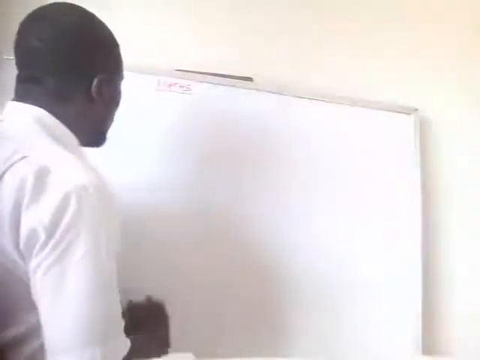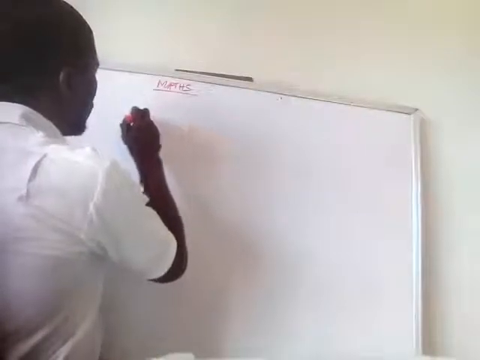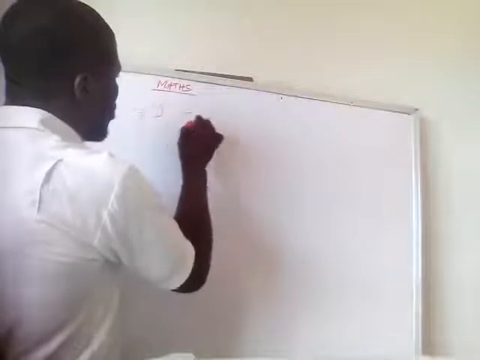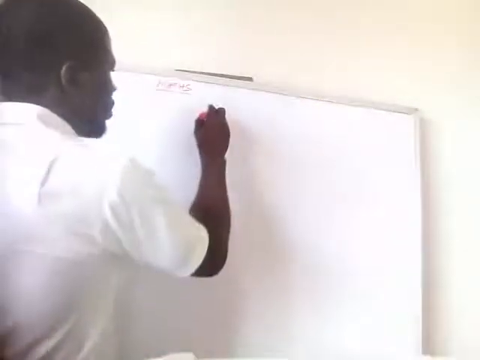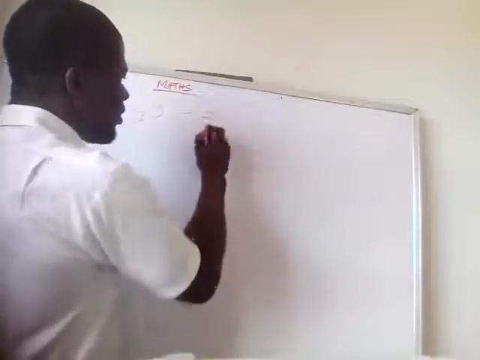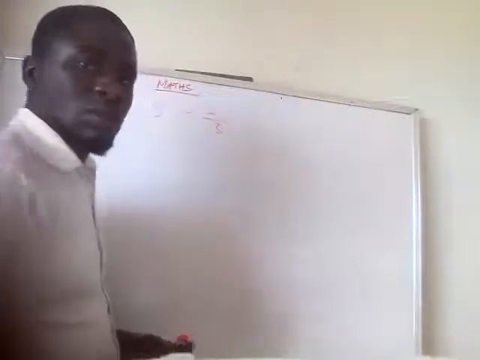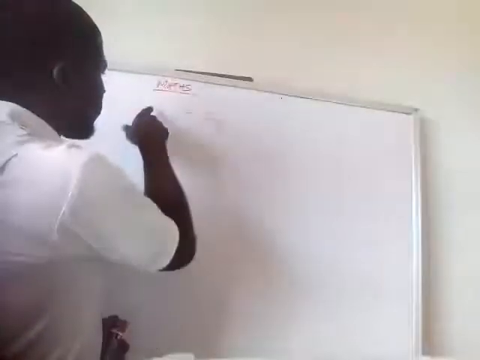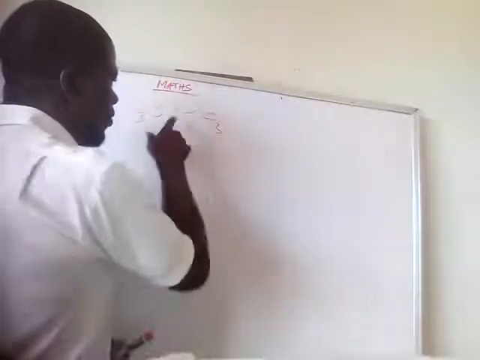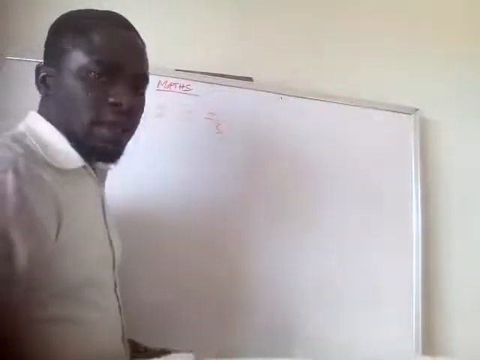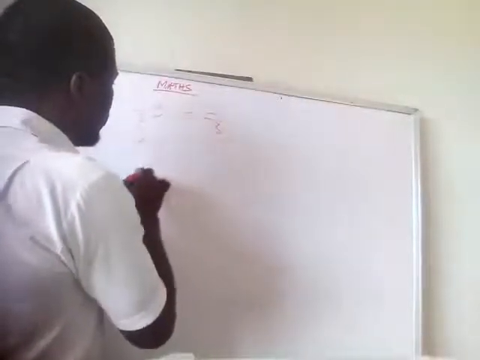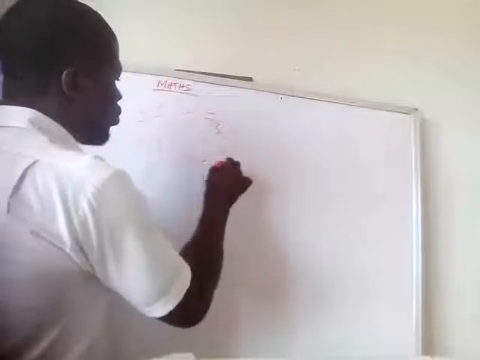Another one. You have 1 over 3 y is greater than or equal to 2 over 3. This, 1 over 3 y greater than or equal to 2 over 3, is the same thing as 1 times y over 3 is greater than or equal to 2 over 3.